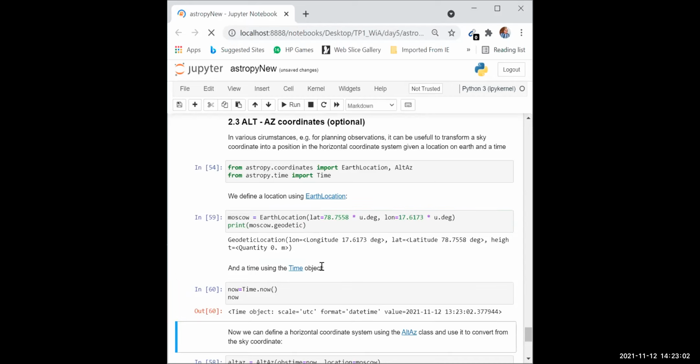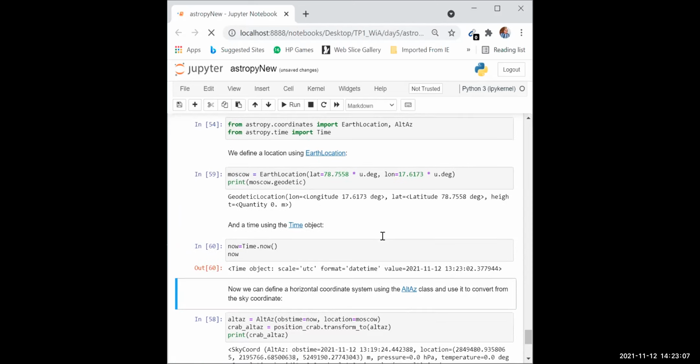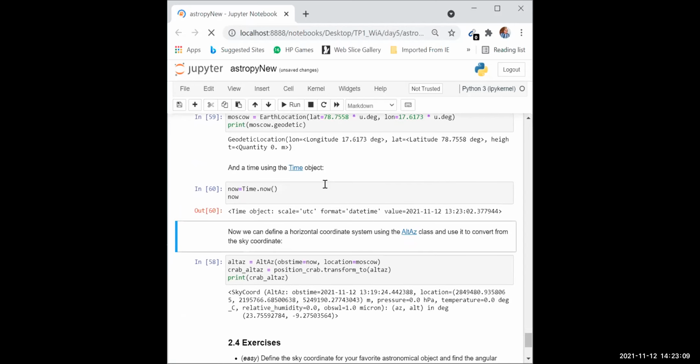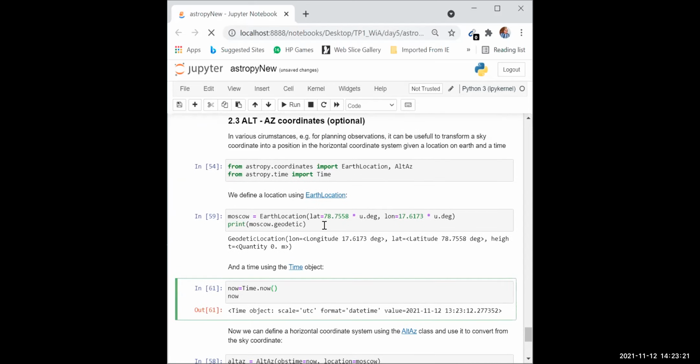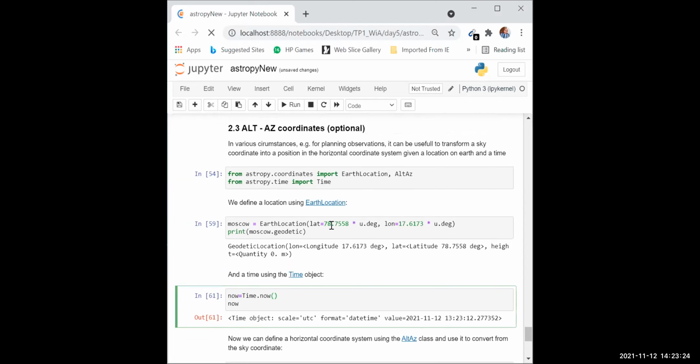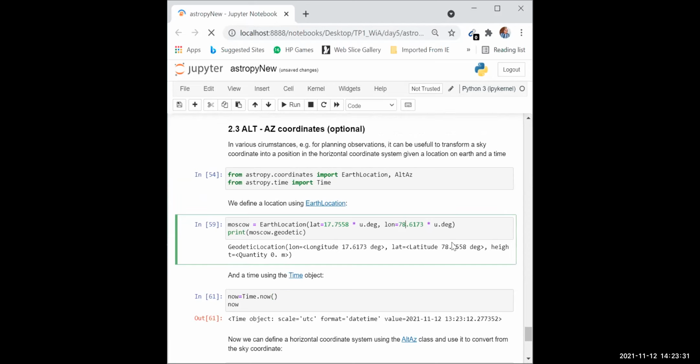And time now, which we have is the same date. Latitude is 17 and longitude is 78. So this is roughly where we are stationed right now.